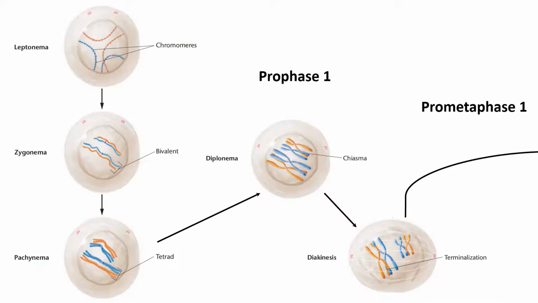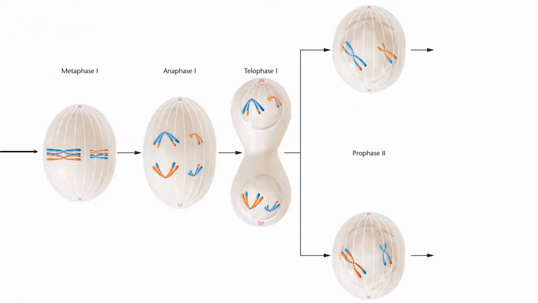So this is prometaphase 1. Then in metaphase 1, we notice here that the homologous pairs stay paired with each other and their chiasma stay as is. This is because of the process of synapsis that's still going to be happening.